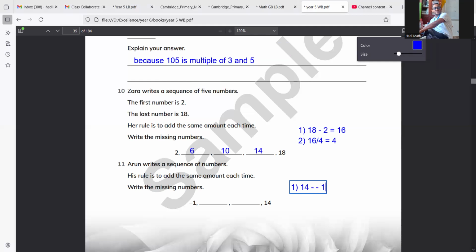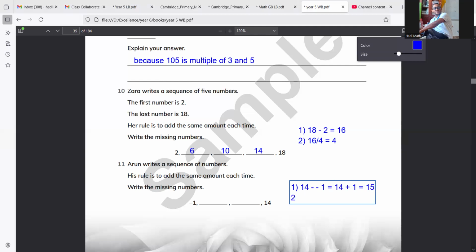When you say 14 minus negative 1, please remember, this is one of the rules of negative numbers. When you find 2 minuses, it becomes positive. It becomes plus 1, and that equals 15.